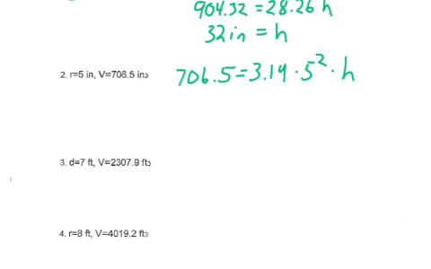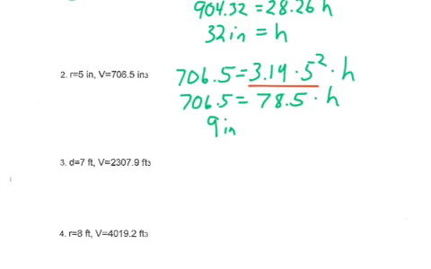So go ahead and multiply your numbers on the right side. 3.14 times 5 squared is 78.5 times h. And then the last step, just simply divide that to the other side. When you divide that to the other side, you end up getting 9 inches equals your height. Okay, so I'm going to leave the rest of these for your quiz.